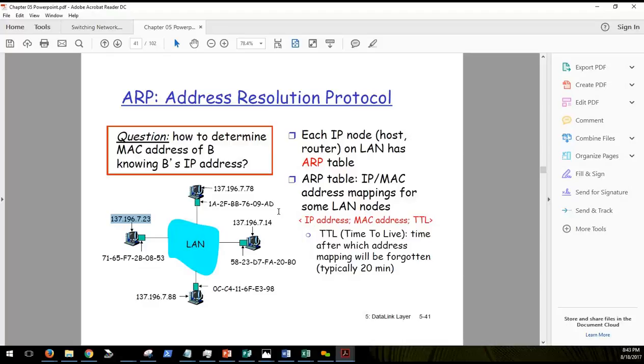What is the purpose of the subnet mask? Why do we have the subnet mask?